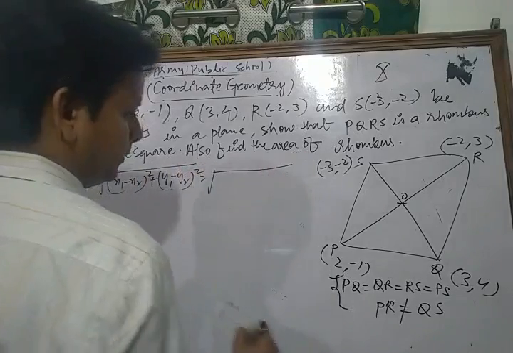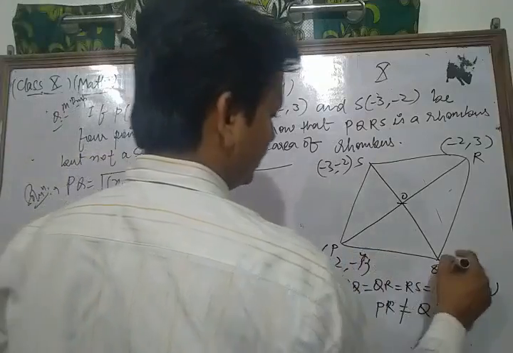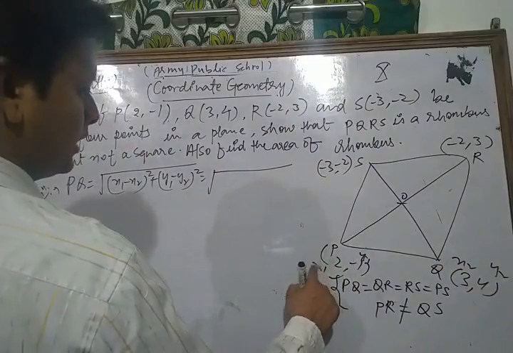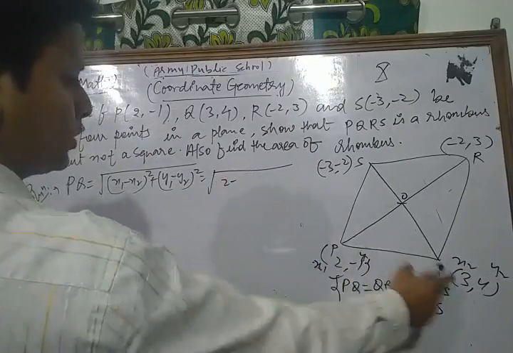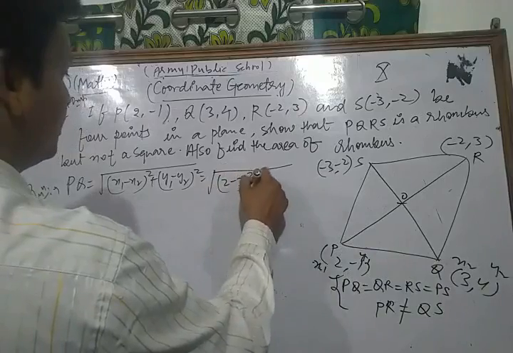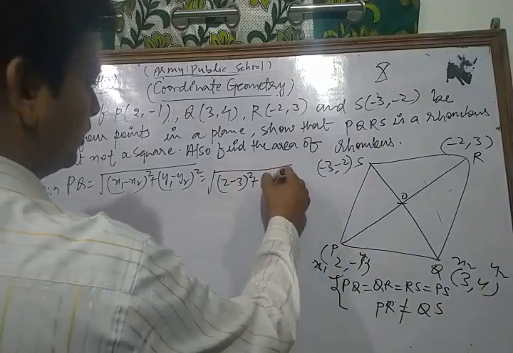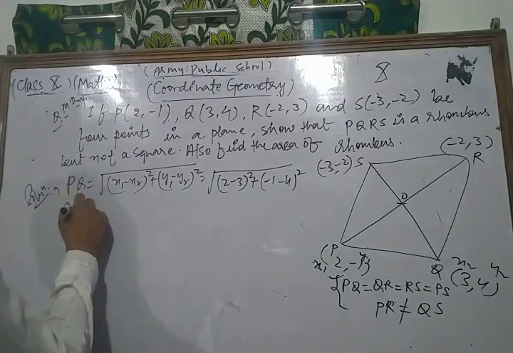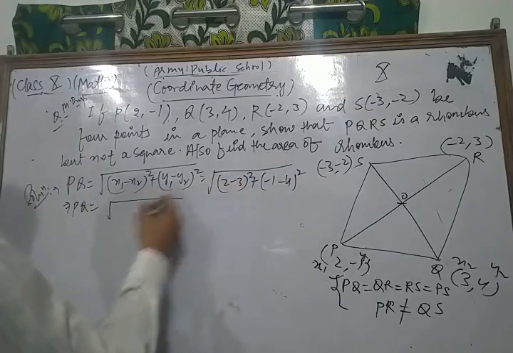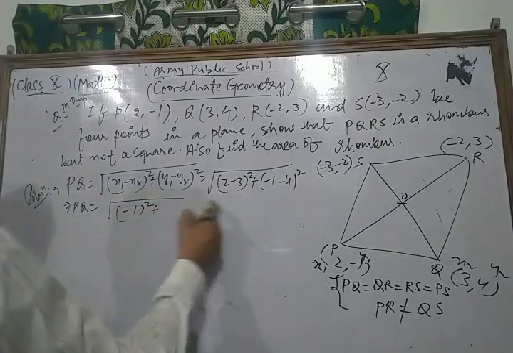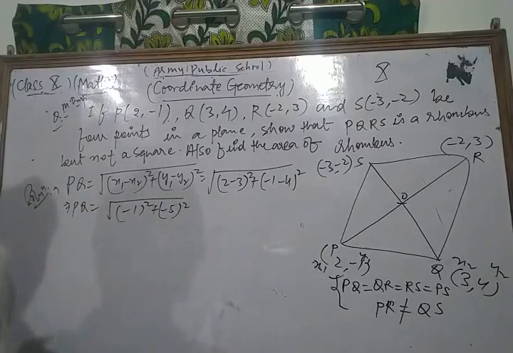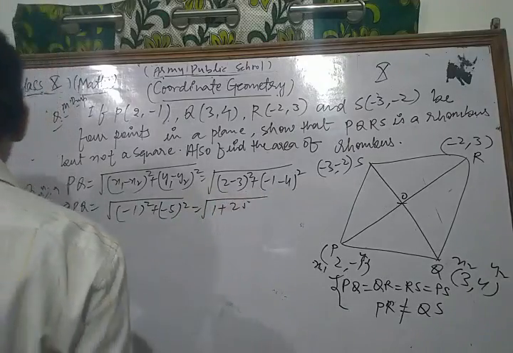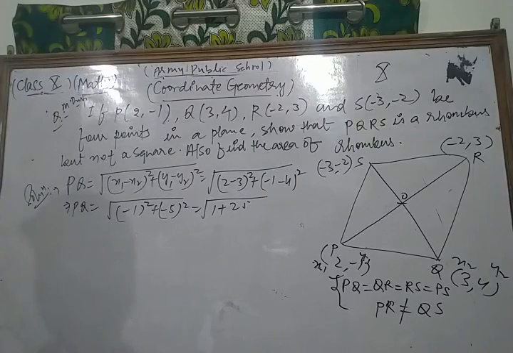Here x1 is 2, x2 is 3, y1 is -1, y2 is 4. So PQ is equal to under root (2 minus 3) whole square plus (-1 minus 4) whole square, that is (-1) square plus (-5) square, which is 1 plus 25.